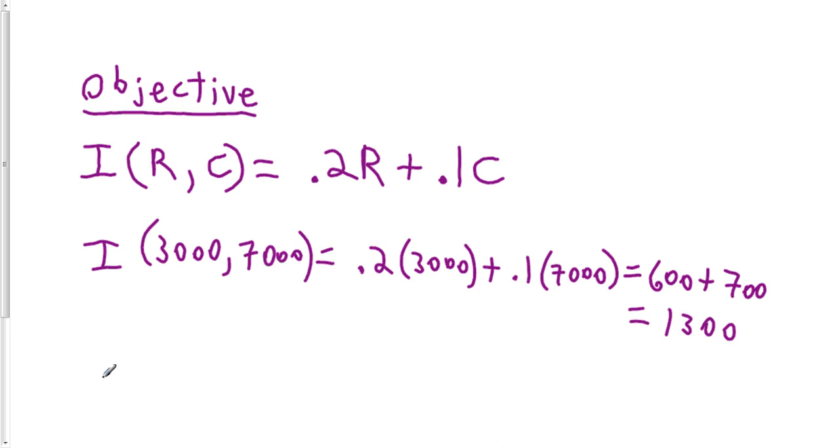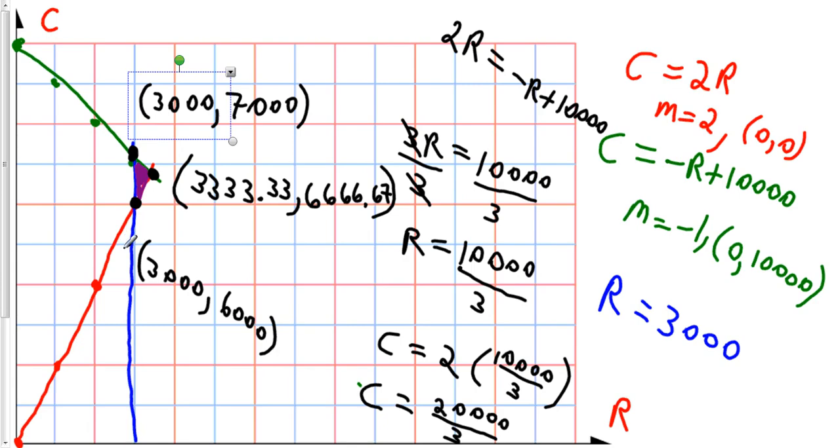All right, now I need to try the other ones. Since I'm looking for a maximum value, it doesn't make any sense to put in 3,000, 6,000. That's not even investing the entire $10,000. That's just investing 9,000. So this one probably won't give us the maximum. So let's try this one.